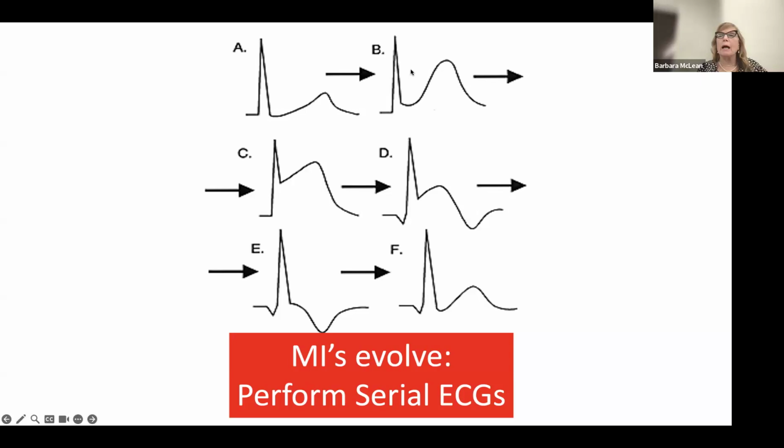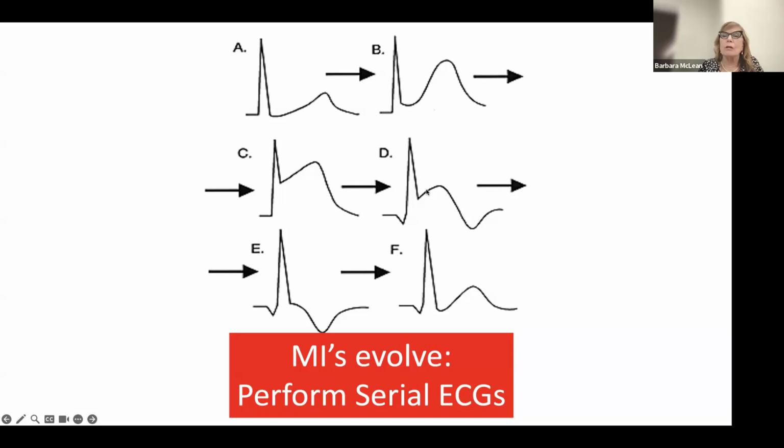B is the beginning of some injurious or ischemic changes, which is highlighted by this hyperacute T wave, and that is followed by your ST segment elevation. That can be followed by the loss of depolarizing mass in the myocardium. That tissue is dead now. It's not conducting current, so you get a new Q wave and a bit smaller R wave.